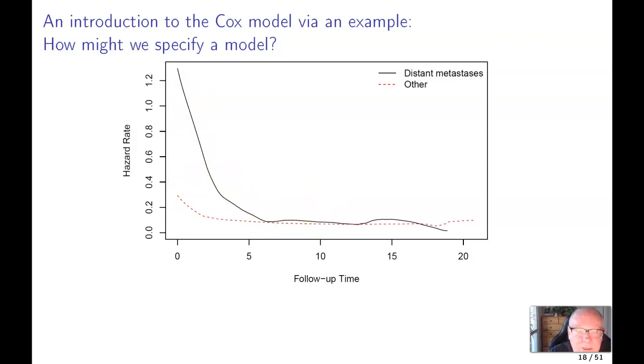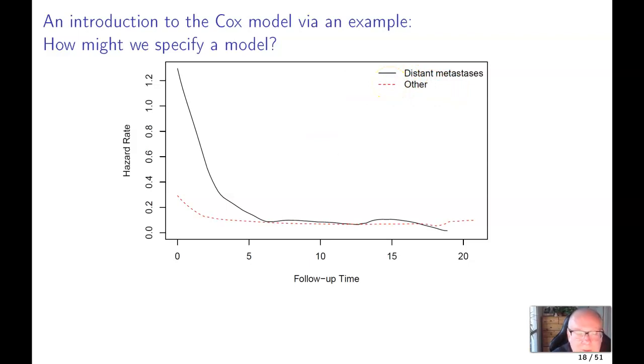The assumption we make is that at any point in time, whatever the hazard is in this group, the dotted red line, the hazard in the other group is a fixed multiple. And we will estimate the hazard ratio, the ratio between these two curves. So that's an assumption that we make in the model for how the hazard depends on our exposure.